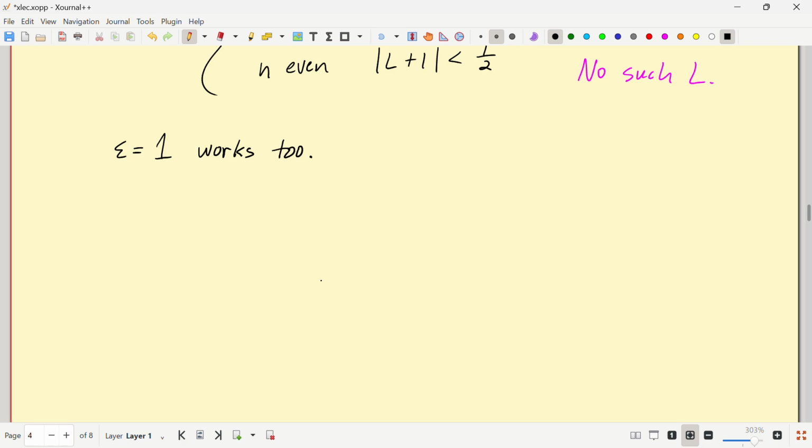Let me do another example. This is a really important example. If I have a real number r between 0 and 1, then powers of it go to 0.